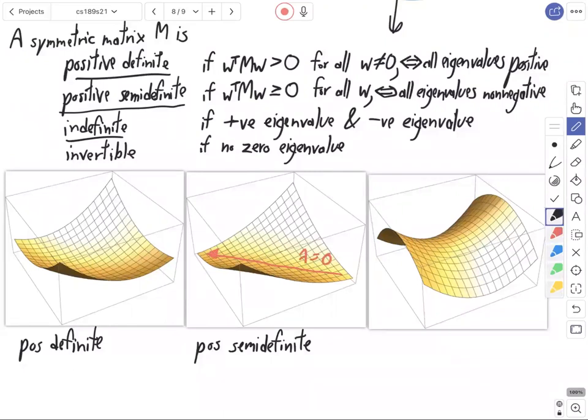And on the right, we have an example of the quadratic form of an indefinite matrix. And so you can see that it looks like a saddle. It's curved up in one direction and curved down in a different direction. So there's an eigenvector with positive eigenvalue in the curve up direction. There's an eigenvector with negative eigenvalue in the curve down direction. The eigenvectors don't really curve like that, but you get the idea.